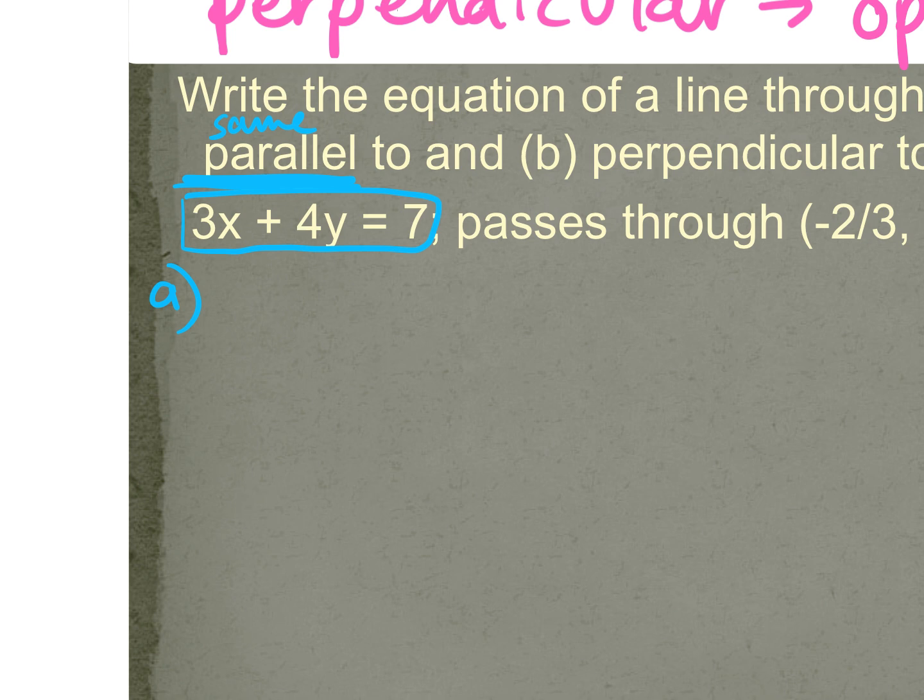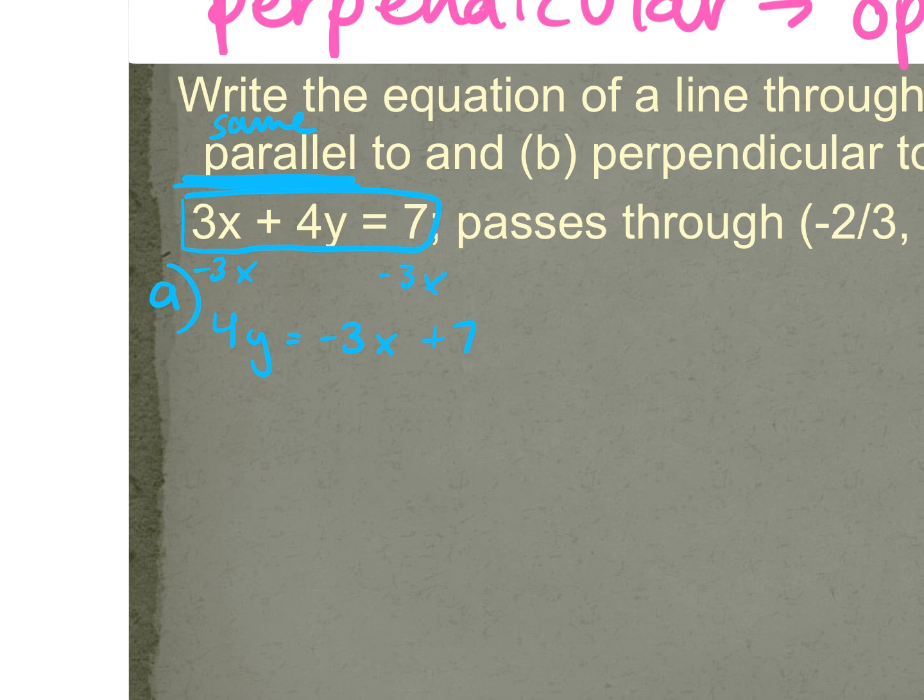So the first thing I want to do is find the slope of this line. Can I tell what the slope is when it's written as 3x plus 4y is equal to 7? No. What form would I want it to be in order to tell the slope? Y equals mx plus b. Let's isolate the y. So we can subtract the 3x to move it to the other side. So 4y is equal to -3x plus 7.